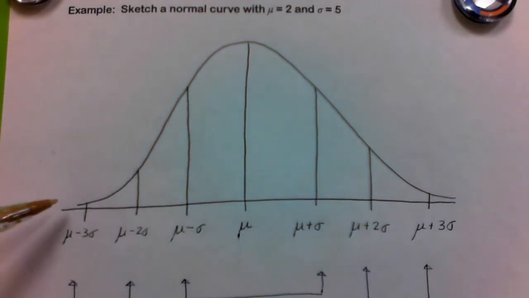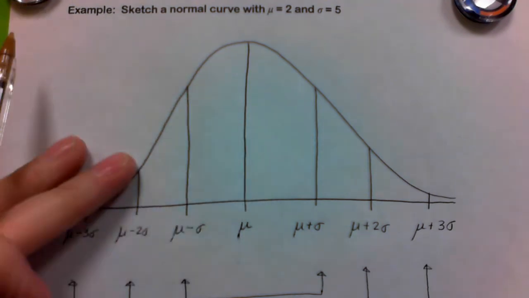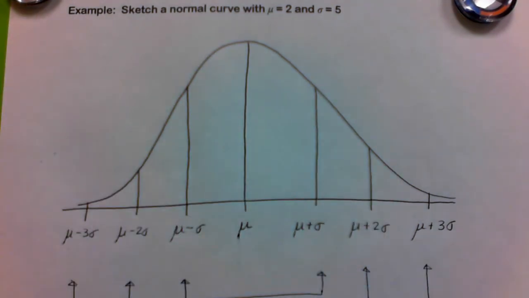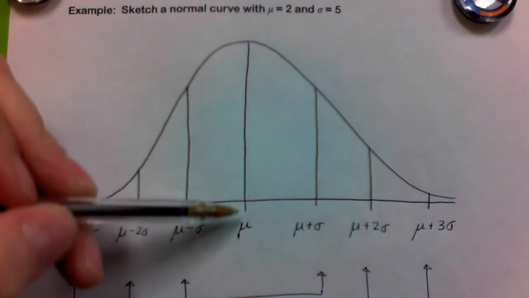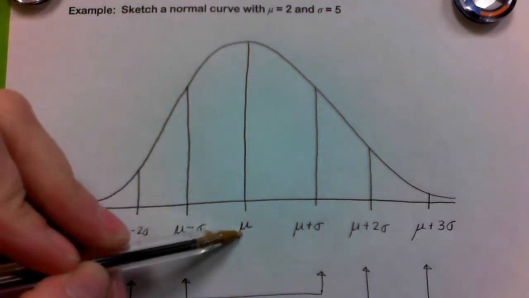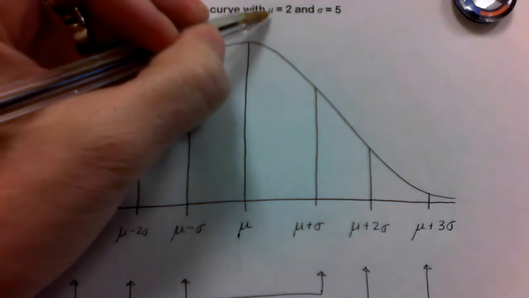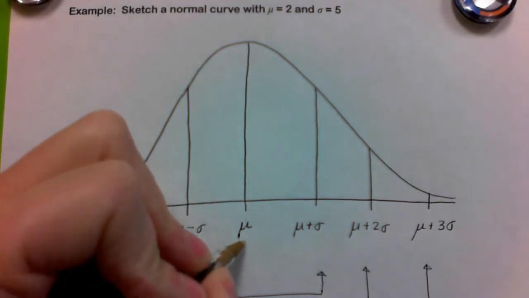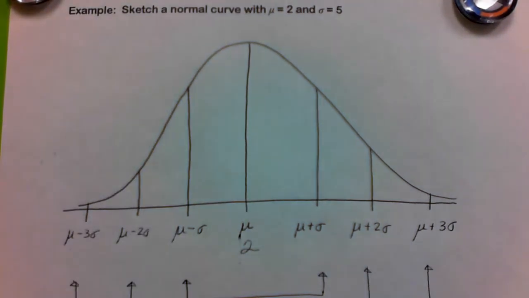It's bell-shaped, it's symmetrical, meaning half is to the left, half is to the right. And the line that cuts it right in half is known as mu. So for this particular problem, it says let mu equal 2. So the value here at mu, which remember is the average, it's the population parameter, it's the mean, it's an average.